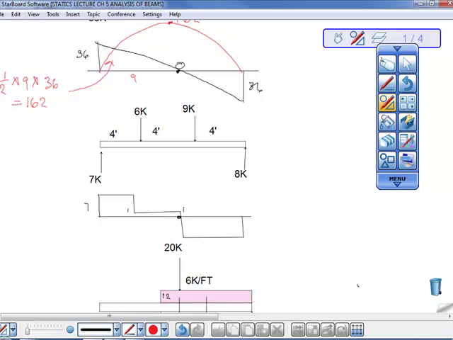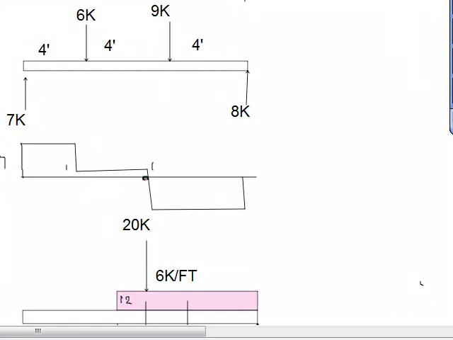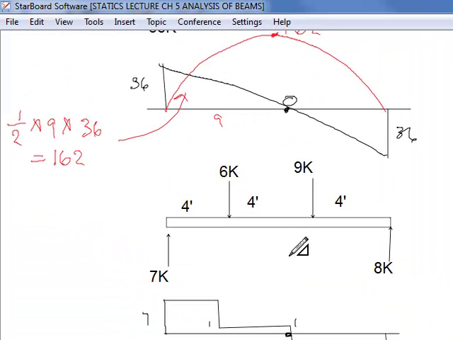Okay, this does not have a uniformly distributed load, so the lines between the different magnitudes of moment are going to be straight. We know the maximum moment is going to be at this point up here somewhere. But to get to that point, for the first one over here, what's the area of this?